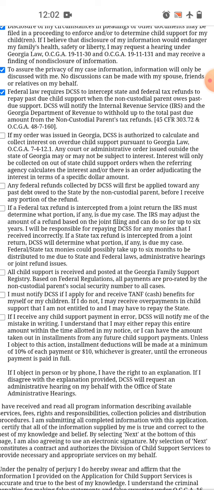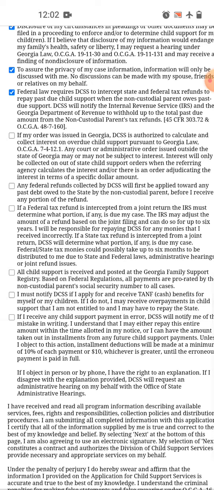Interest will only be collected on out of state child support orders when the referring agent calculates the interest and/or there is an order adjudicating the interest in terms of the specific dollar amount.